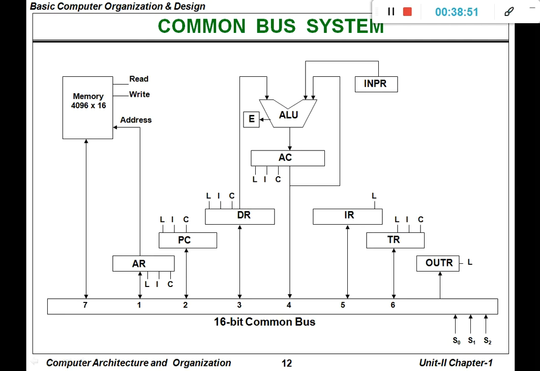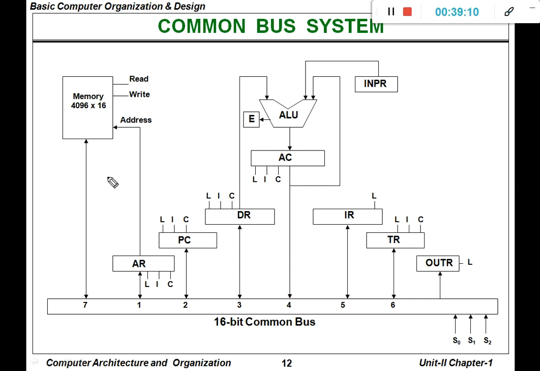The same diagram can be represented in this fashion also. Different authors will have different types of diagrams in their prescribed books. This is also the same as the previous diagram, but the connections are given in a different way.